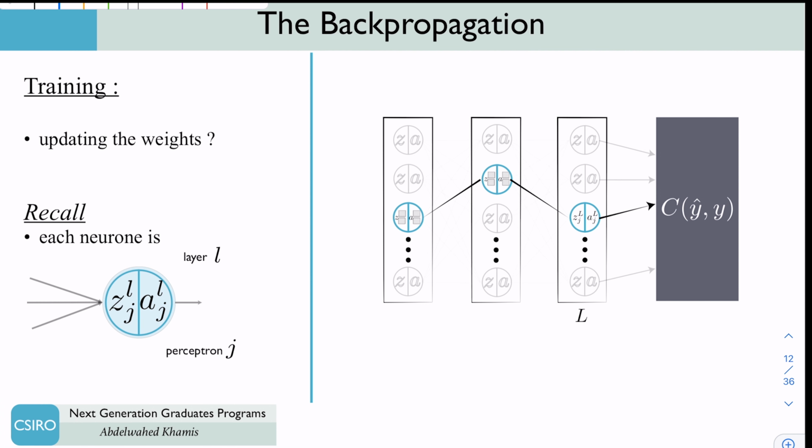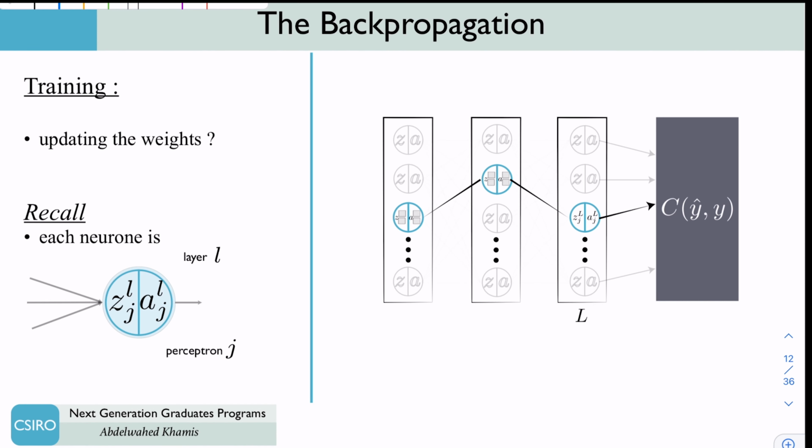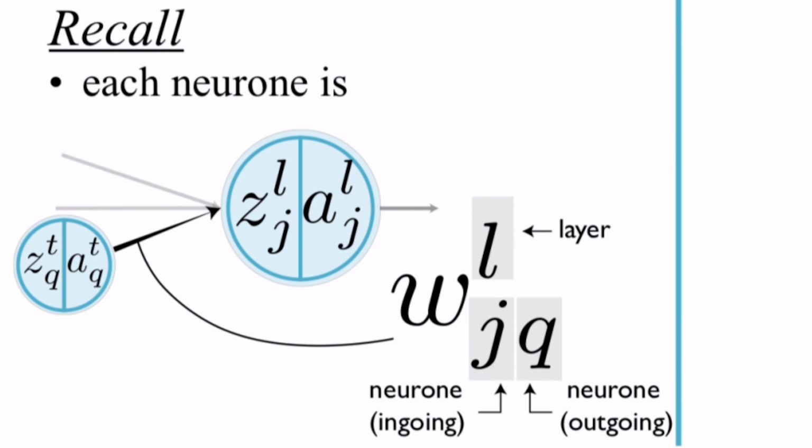For example, here we have a perceptron or a neuron in the last layer. The last layer is referred to as L, capital L. So the neuron has two components, Z^L_J and A^L_J. And now the last thing to be considered is setting some notation for the weight. The weight notation is slightly tricky because the weight is between two neurons. Again, the superscript is for the layer, but it's about the ingoing layer.